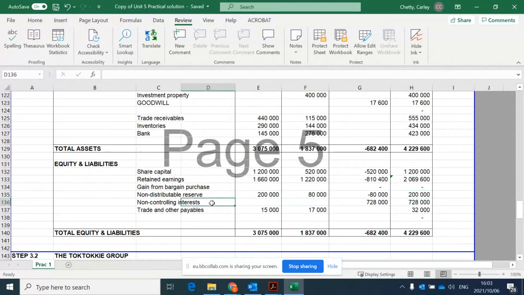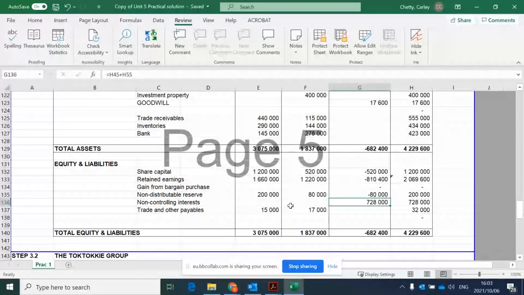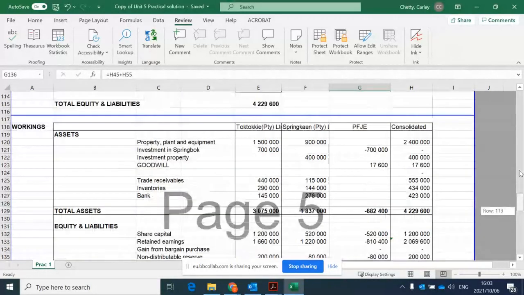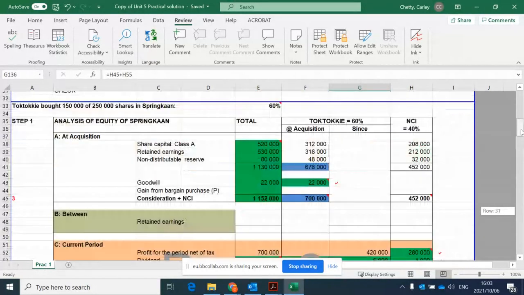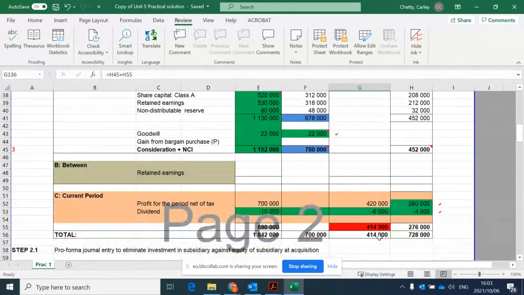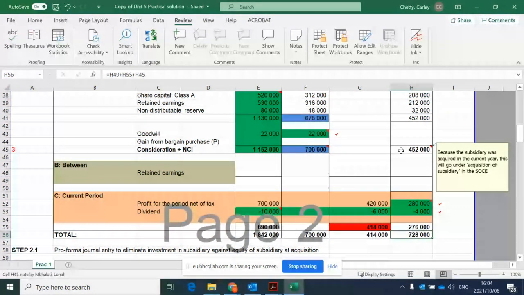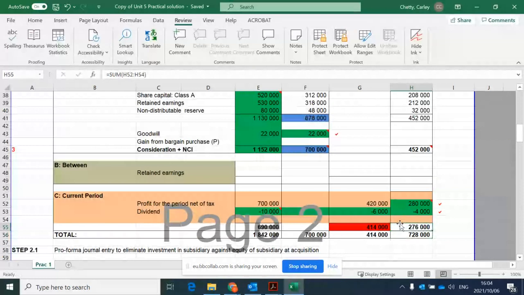Then we have non-controlling interest. So non-controlling interest consists of 728,000 Rand. And if you go up to your statement of analysis, you'll see that that 728,000 Rand is the total. This is the at acquisition amount and the current year profits.